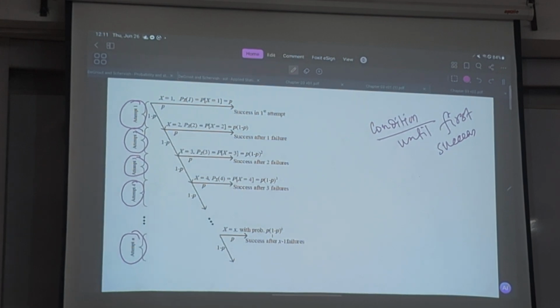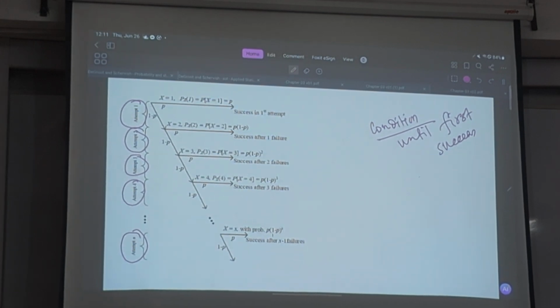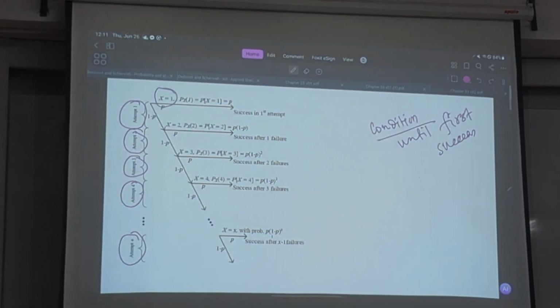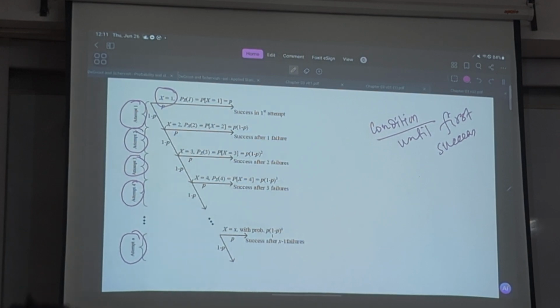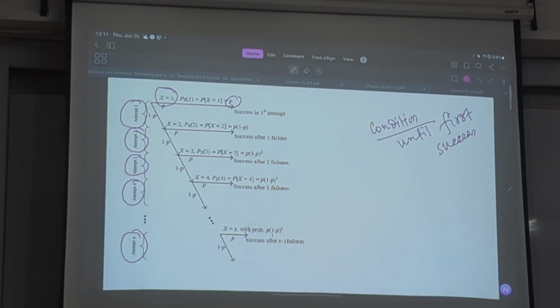So in the first attempt you are lucky to get the success, that is equal to 1, and the probability will be p. If you have a failure, you come to this point and this records the probability 1 minus p. And in the second attempt, you have the same options, either a success or a failure.